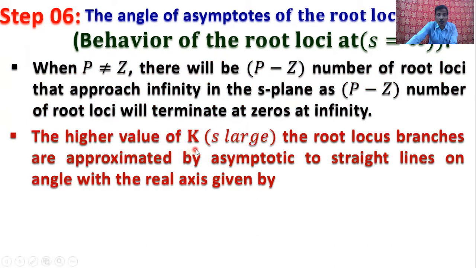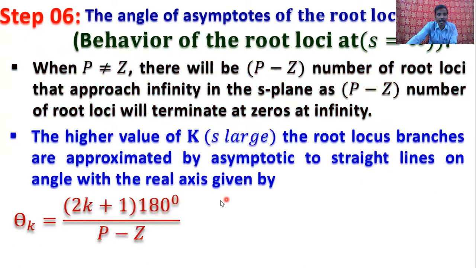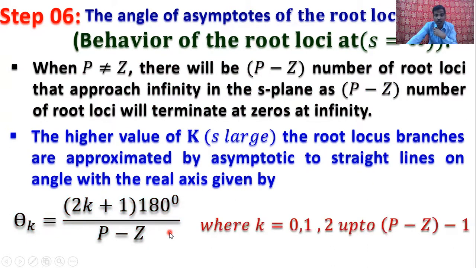For large values of k, the root locus branches are asymptotic to straight lines at angles with the real axis given by this definition: theta k equals (2k plus 1) times 180 degrees divided by p minus z, where k equals 0, 1, 2 up to p minus z minus 1.